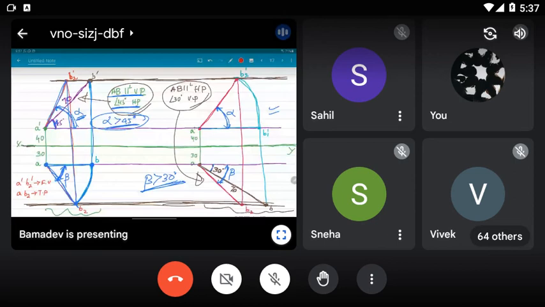You have to measure this length, this length, this one, beta, alpha here. They need not be very same. There may be some minor difference. Whatever difference you are finding, you must write that.